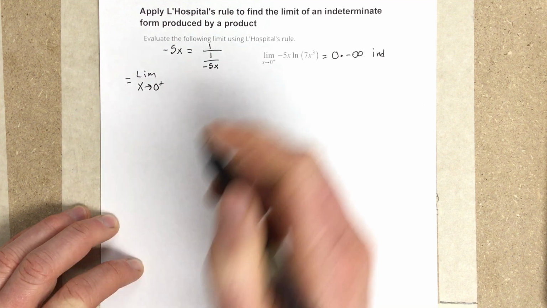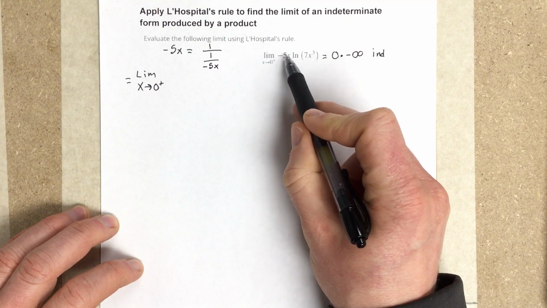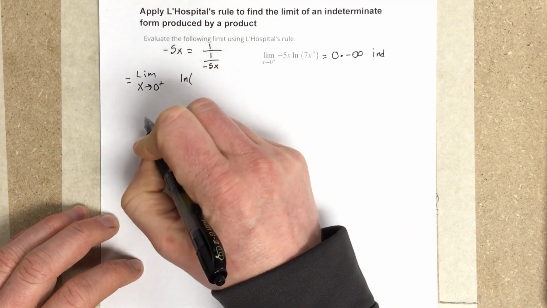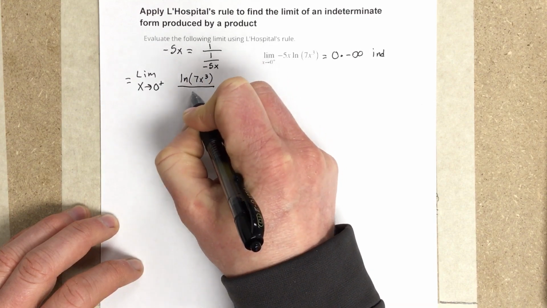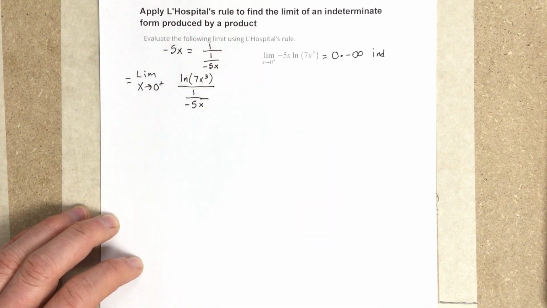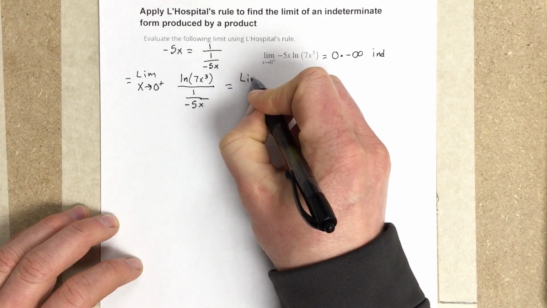So I can write this in place of what's written here with negative 5x. I'm going to write natural log of 7x cubed divided by 1 over negative 5x. Now I can apply L'Hopital's rule.